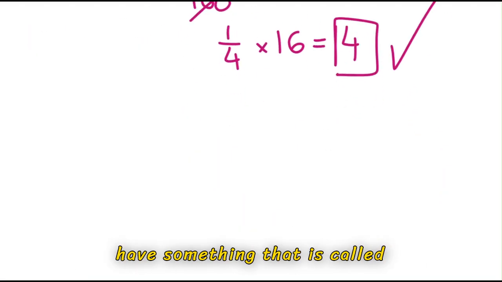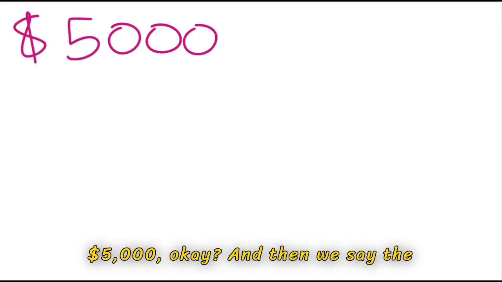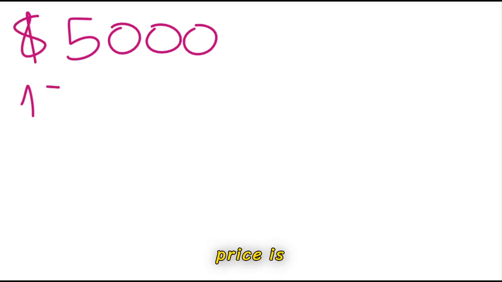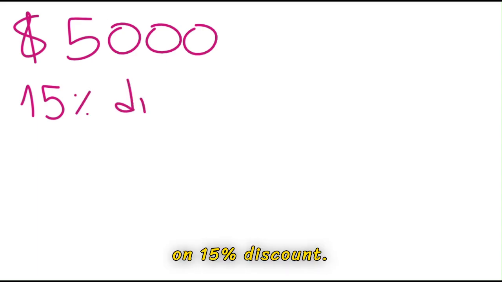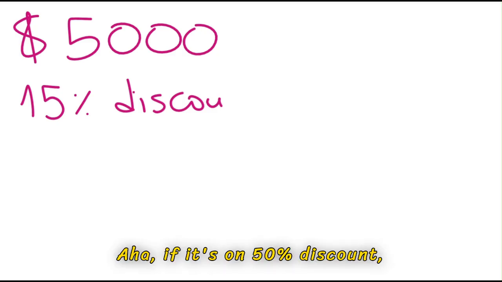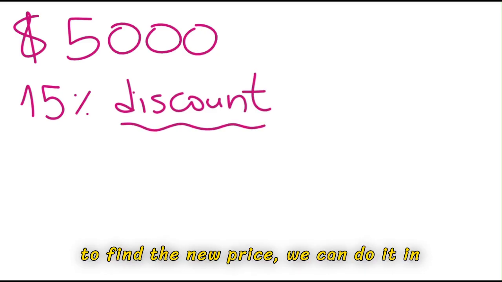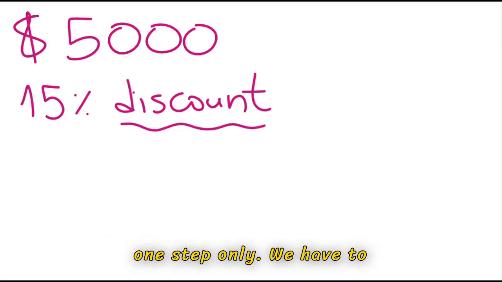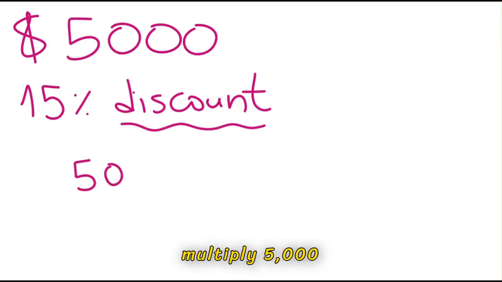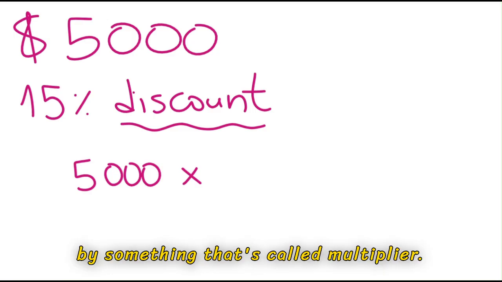Finally, we have something that is called multipliers. Imagine the original price of something was, let's say, $5,000, okay? And then we say the price is on 15% discount. To find the new price, we can do it in one step only. We have to multiply 5,000 by something that's called a multiplier.